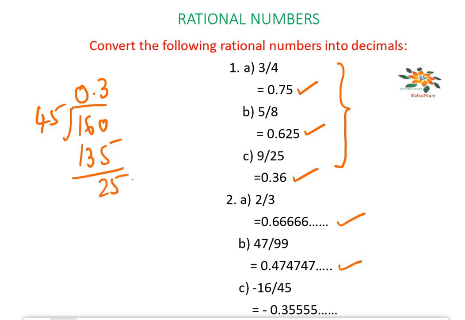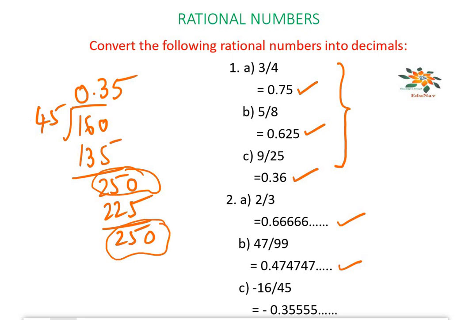25. Now if I take 0, it becomes 250. 45 into 5 will be 225. Again the remainder is going to be 25. If I take 0, it becomes 250. So the same number 250 was there earlier also. Now it is again 250, which means the same process is going to be repeated again. That means number 5 is going to be repeated again and again.